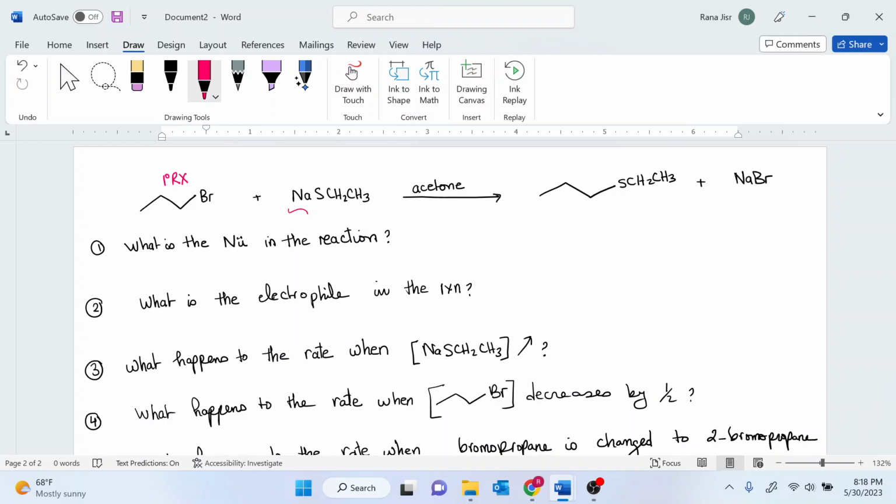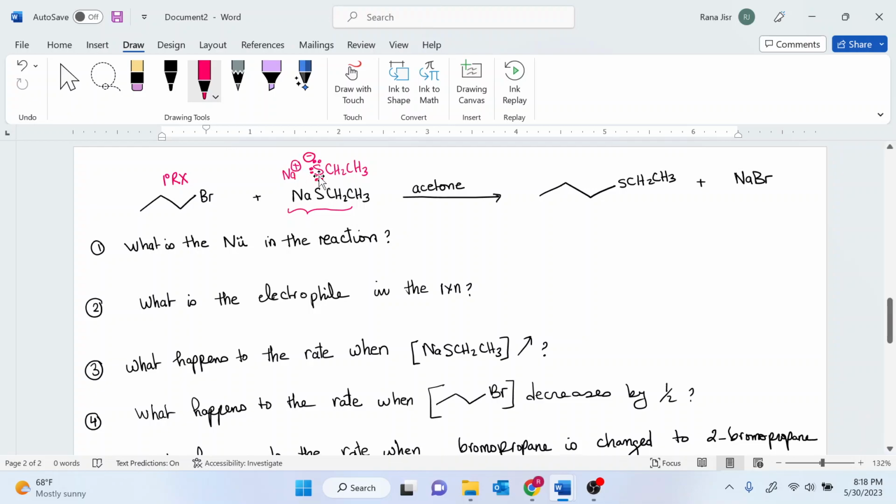Then I look at my nucleophile here. You need to put your charges. This is an ionic bond between the sodium and the sulfur. So the sodium is going to be a plus charge, and not every time you're going to see sodium. Sometimes I skip the sodium and I show just the SCH2CH3. So you would need to know that sulfur is making one bond, so it is a negative charge. Then definitely there is sodium in there to balance the charge out.